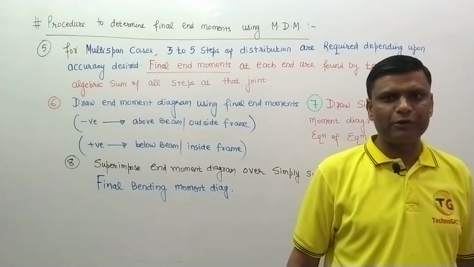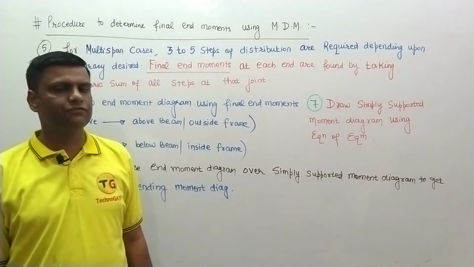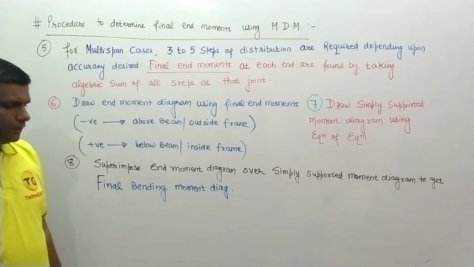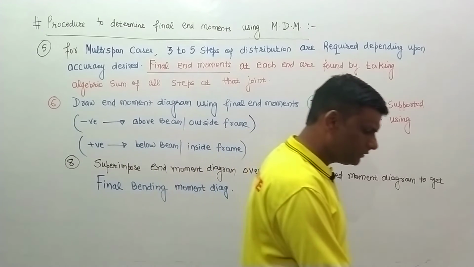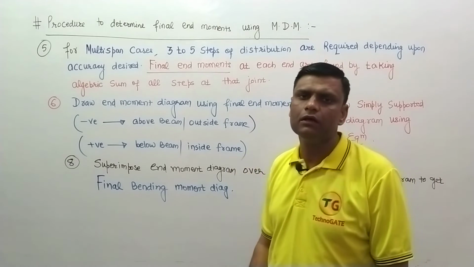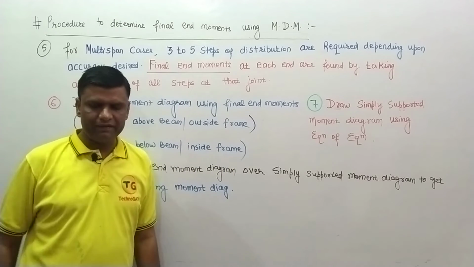Now basically two important points are there. One is, if the far end is fixed, then there is no problem because the balancing moment or distributed moment will be carried over. Actually half of the balancing moment will be carried over when the far end is fixed.